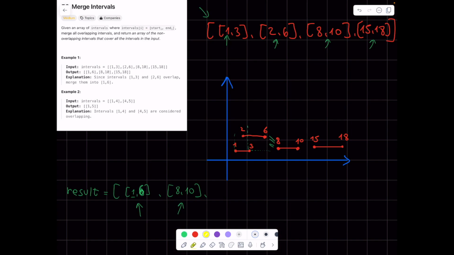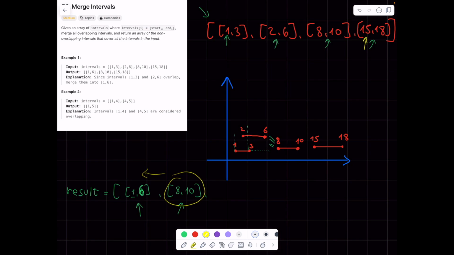But my argument is that it is enough to check the last interval, and we don't have to look at any previous ones. Why is that? Well, it's pretty clear that the start value of all of the intervals before the current interval we are looking at is going to be smaller than the start value of the current interval.